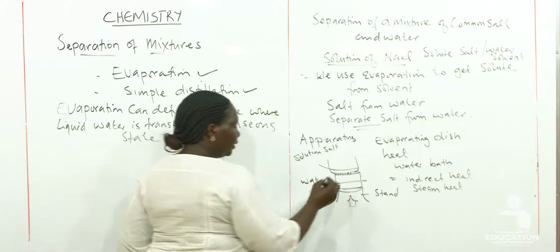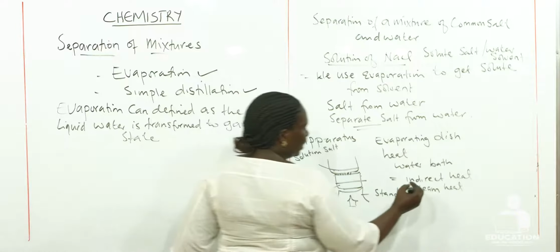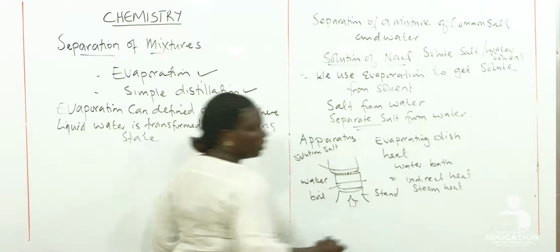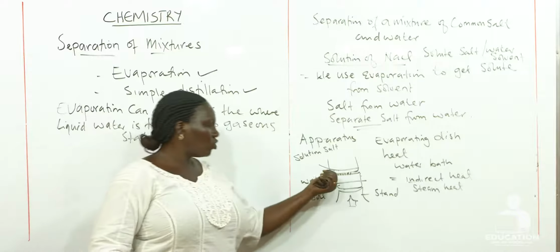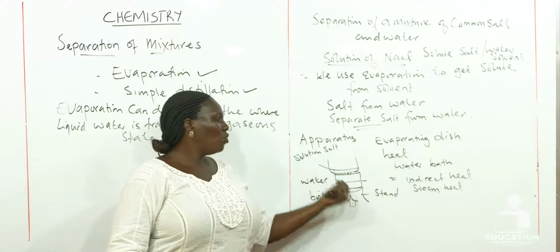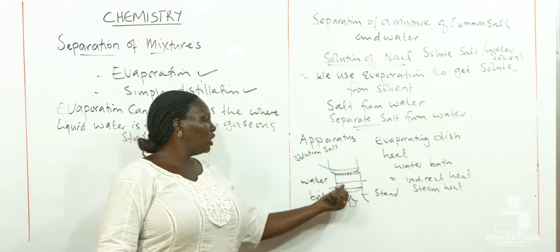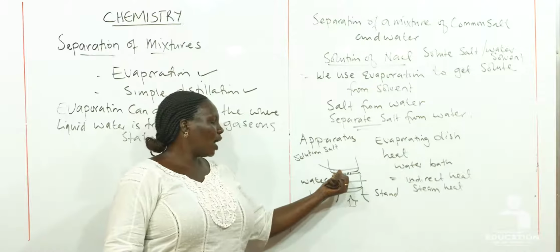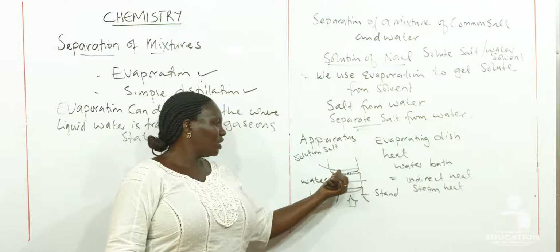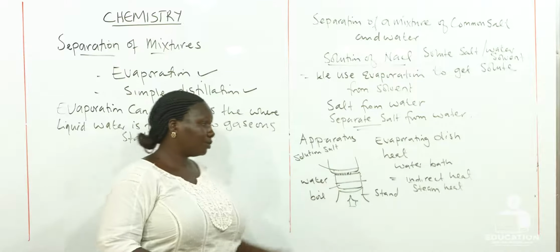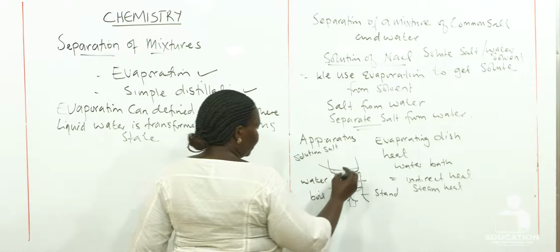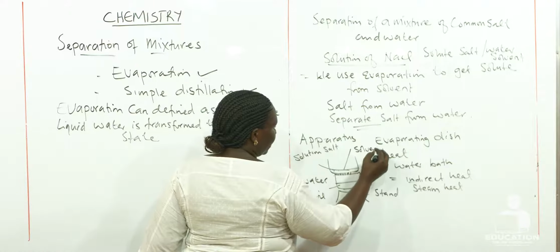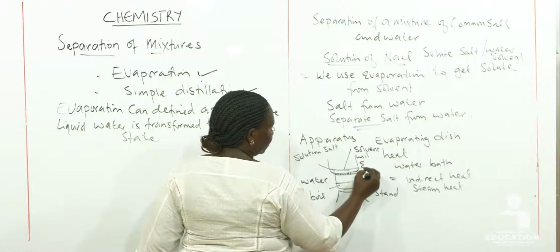We heat the solution of salt indirectly in order for us not to lose some of the salt, because when we introduce this salt solution to heat directly, we will lose part of the salt. So we heat water, and then the steam will heat the salt solution. Heating the salt solution, the water will evaporate, or we say the solvent, which is water, will evaporate.